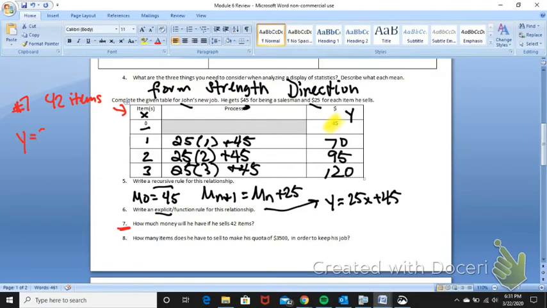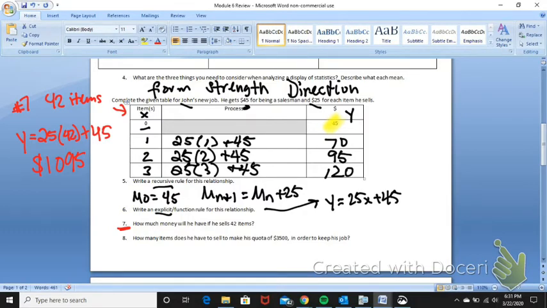We don't know what Y is. We have 25. We're going to plug this 42 in plus 45. So again, this is just calculator work, plugging everything in, and the answer that you should get is $1,095.